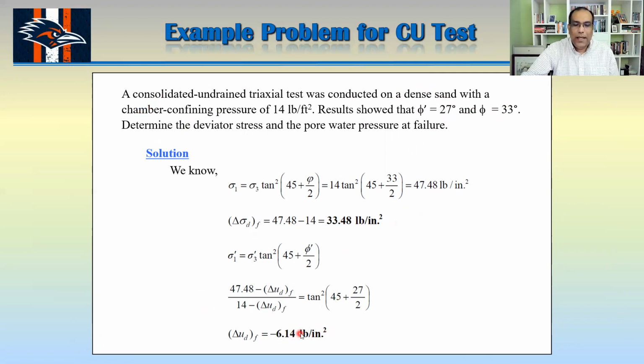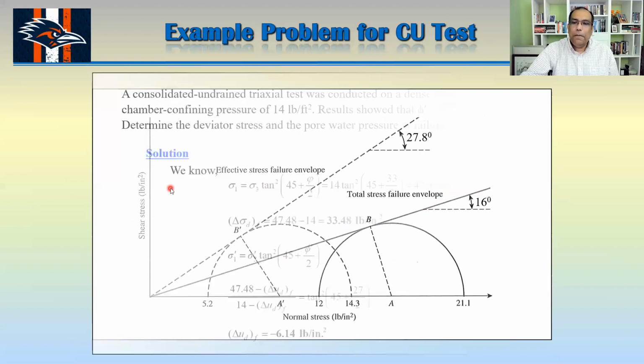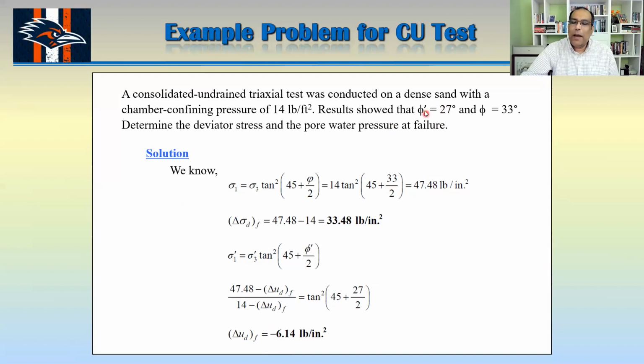So when the pore water pressure is negative, this dotted line will go to the other side, like here. In that situation, your phi prime has to be smaller than your phi. That's actually what happened here. Phi prime is smaller than phi. That's the reason your pore water pressure was negative, because this is dense sand.